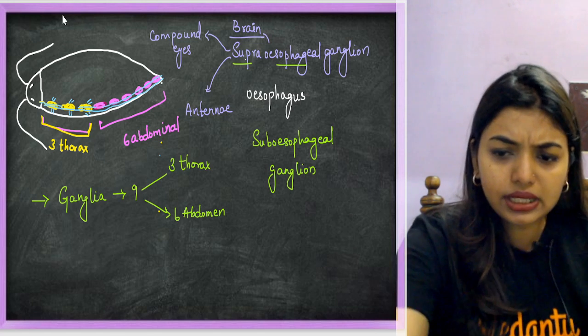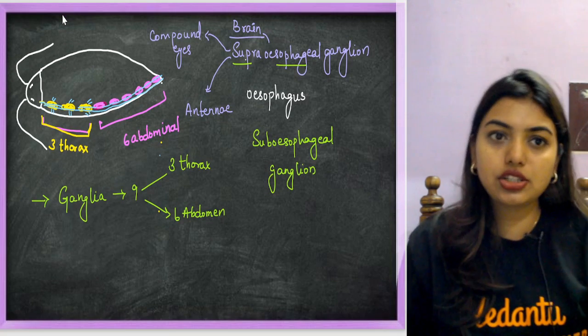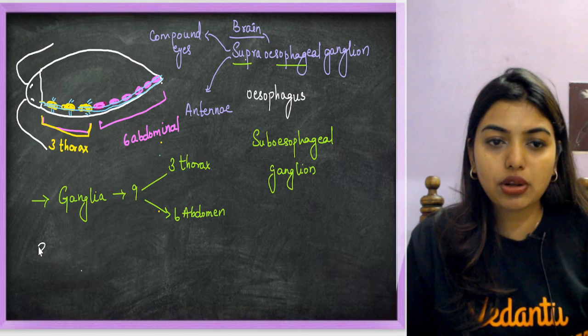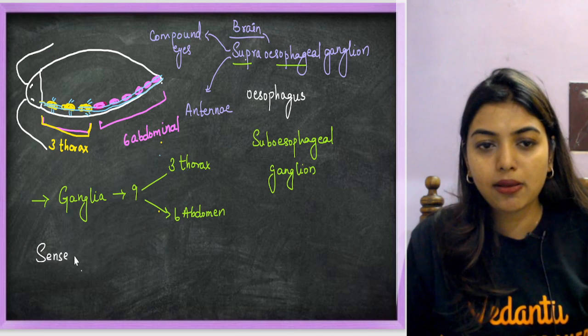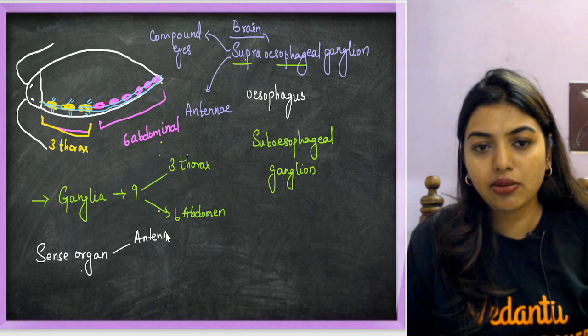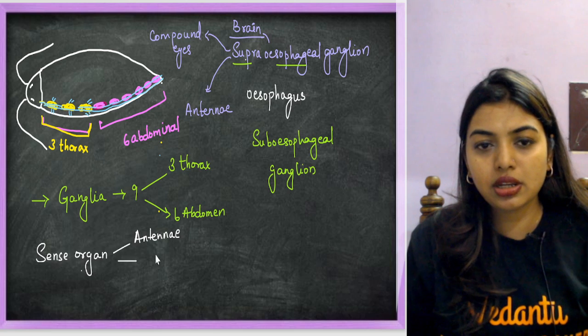Okay, anything did we miss? Sense organs also here they're talking about. That also we'll write. Which are all sense organs? Antenna is going to be there, for touch.